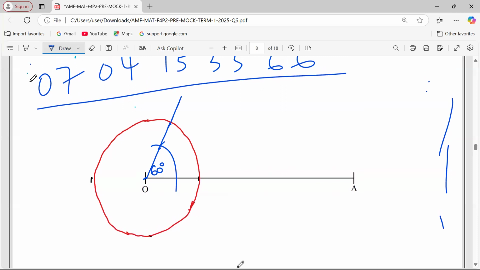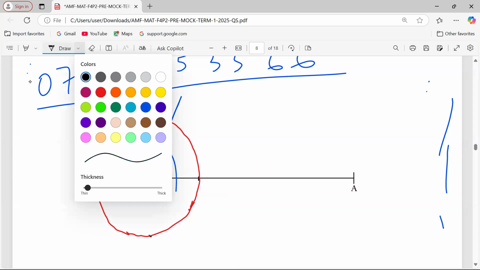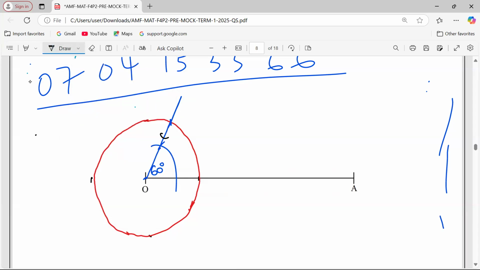The tangent from point P should be perpendicular at that particular point. Therefore, we stand at that point and we make some bisector, which is perpendicular now, that way.